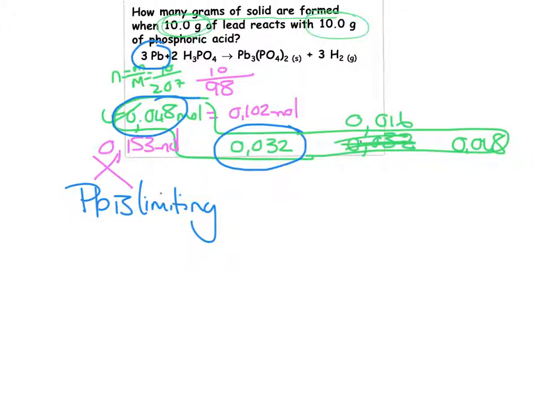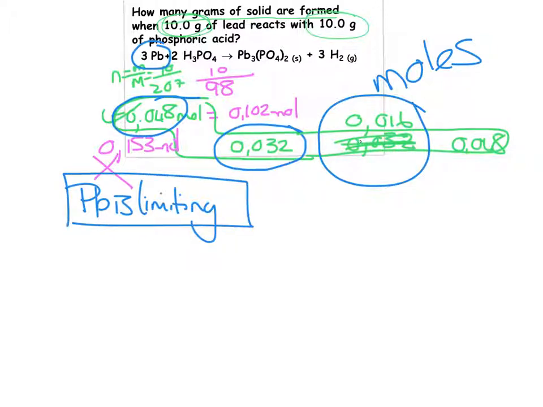So I have said 3:2 1:3, and the 3's are the same. 2:1, chop that in half. It asks you how many grams of solid are formed, so that's the number of moles of solid formed using the limiting reagent as my mole ratio.